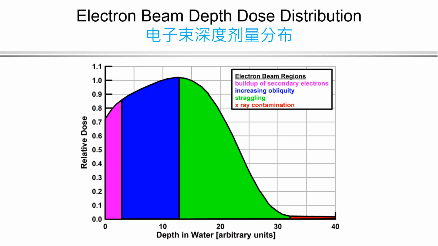Because each electron has taken a different tortuous path as seen in the previous slide, the small peaks near the end of their paths are located at many different depths, resulting in an overall gradual decrease in dose. Finally, the red region represents dose from contaminating bremsstrahlung produced in the head of the treatment unit and in the shallower layers of the patient.